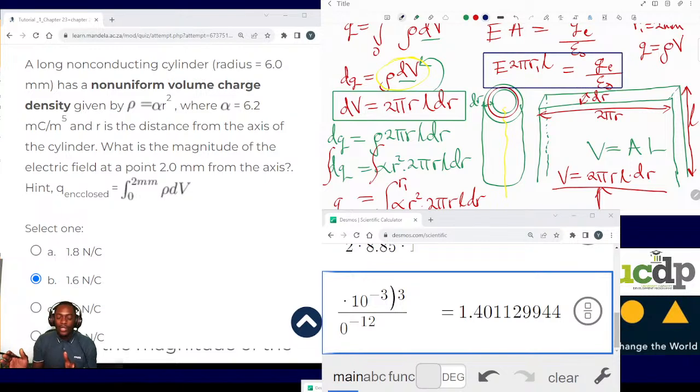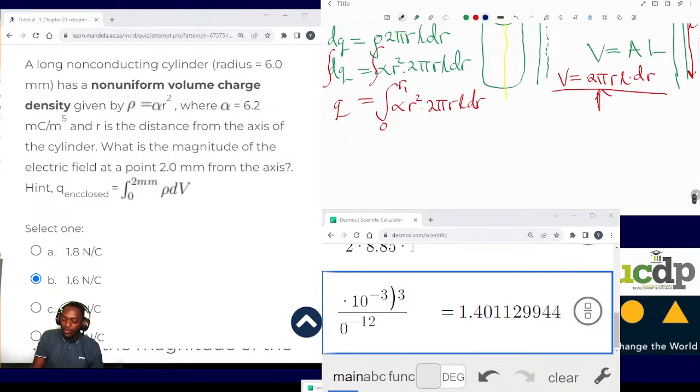Which you guys already know: E A is equal to charge enclosed over epsilon naught. And in place of A, it's 2 pi r L. So our charge enclosed is equal to, everything else being constants, alpha 2 pi L. All these are constants.